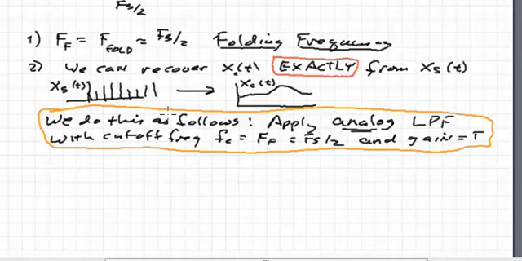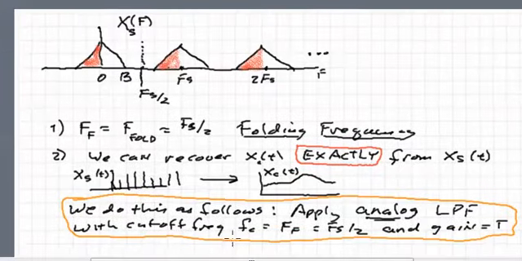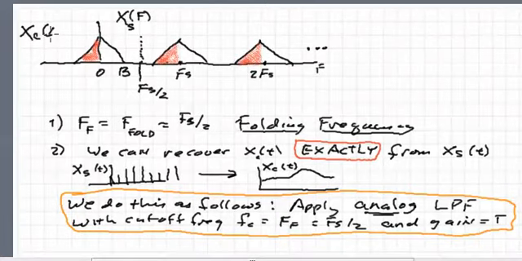All right, and the idea is, before I go down here, the reason we can do that is, remember that these things, like this thing here, it is the original spectrum but scaled by T. And I'm going to draw a little circle around that.